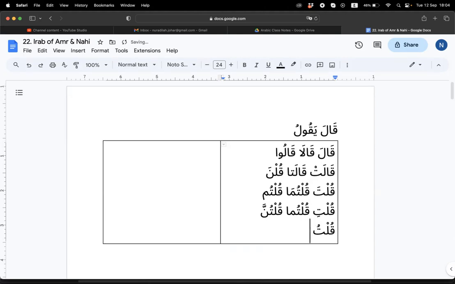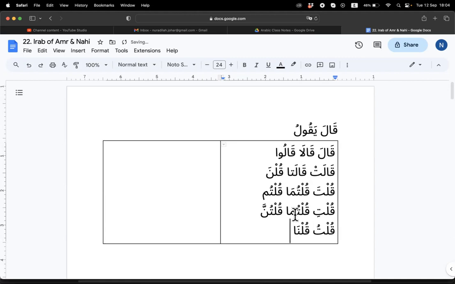Nahnu, nasorta, nasortuma, nasortum, nasorti, nasortuma, nasortunna, nasortu, nasor. So qulna.